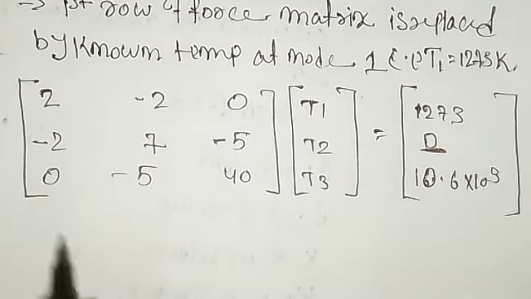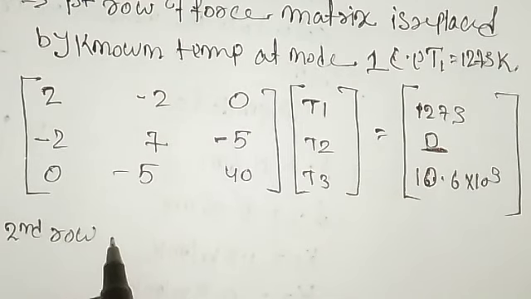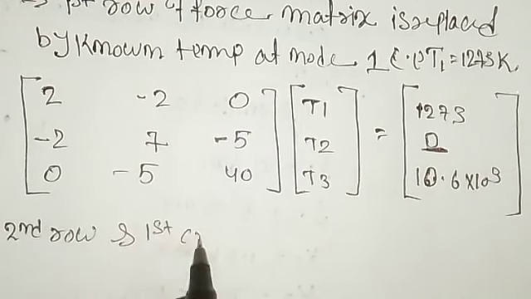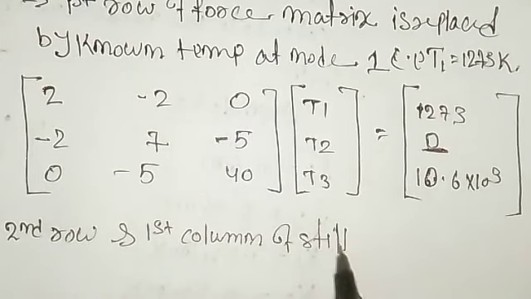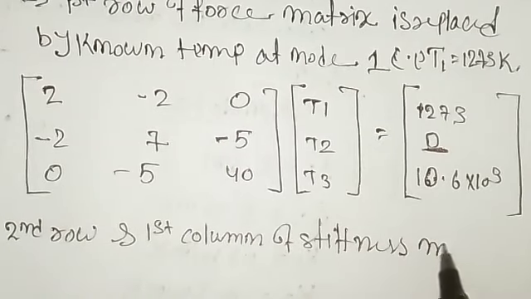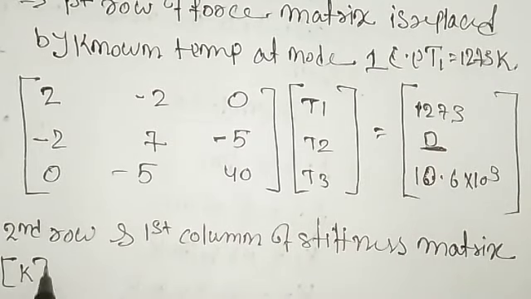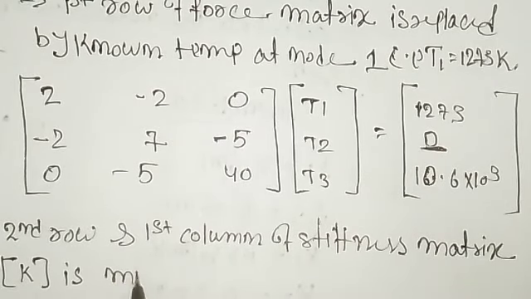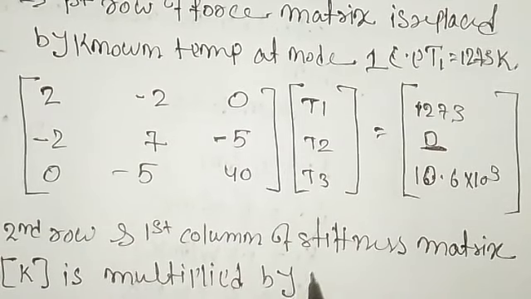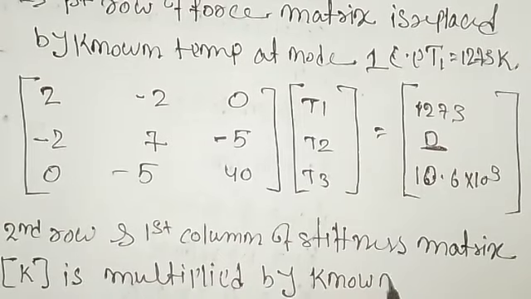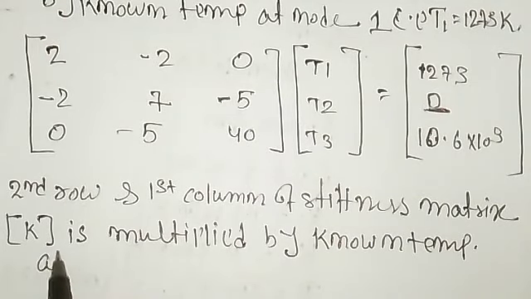So we can say the second row and first column of the stiffness matrix K is multiplied by the known temperature at node 1.